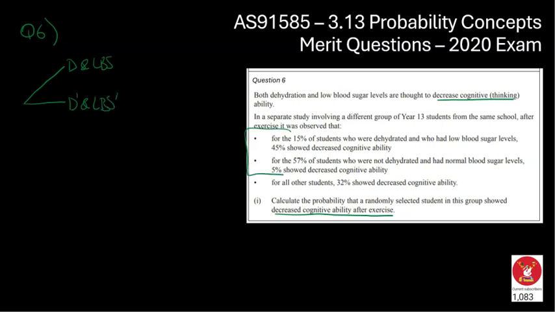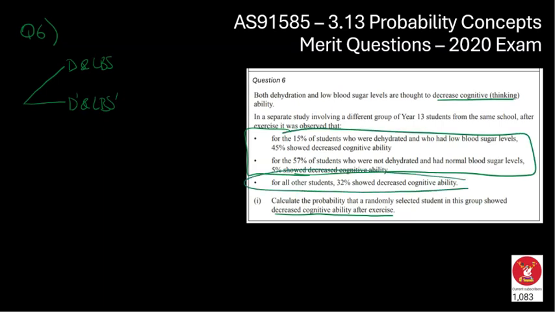Those were the two groups described in this section of the question. And it said generically at the bottom, other students, so that might be people with one of these, but not necessarily both. So I'm just going to write other as that third group over there.